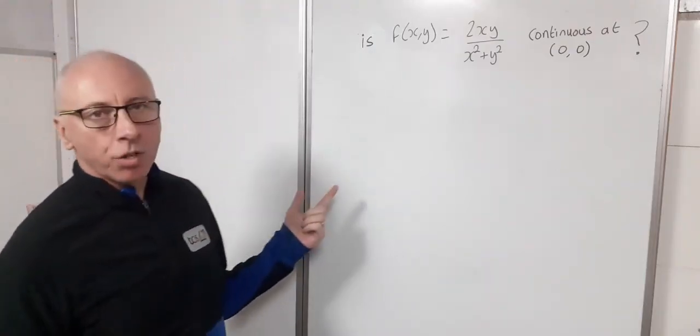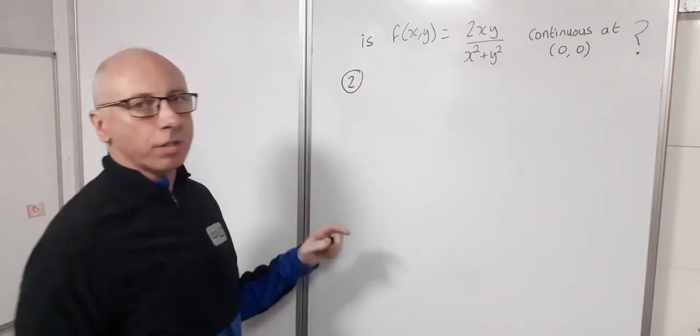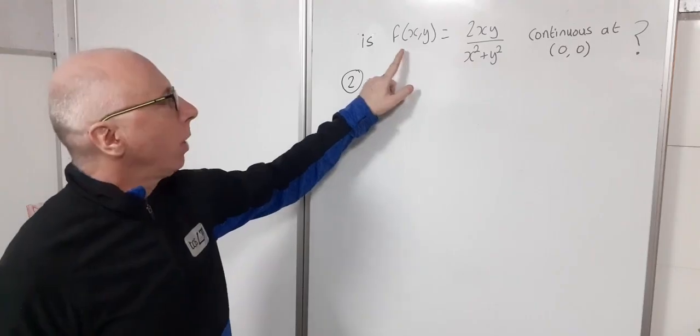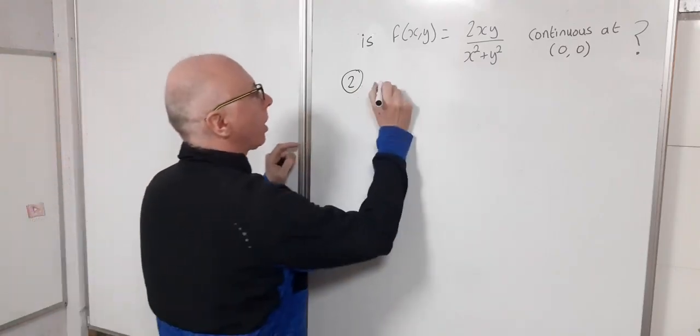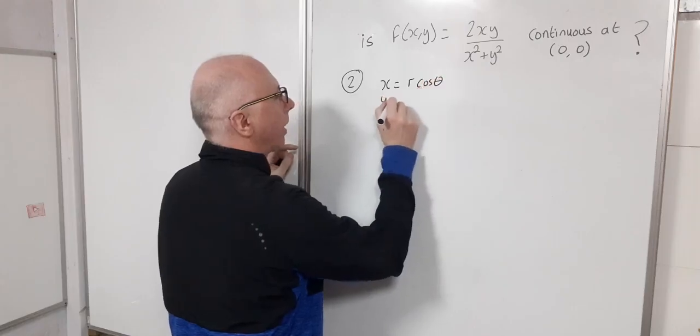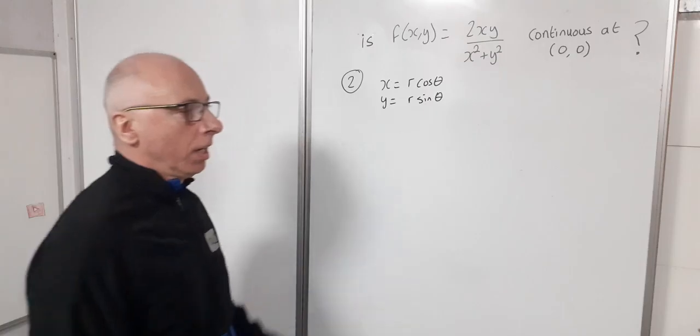Okay, now we're going to try the second technique, which is the method of polar coordinates. So now I need to just transform this a little bit, where x becomes r cosine theta and y equals r sine theta.